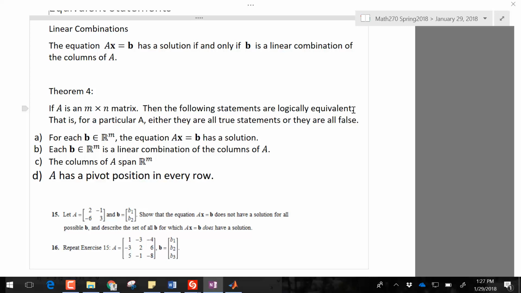The next one says the columns of A span Rm, this m-dimensional space. And then we have a pivot position in every row, which is to say that there's no free variables. Now that means it's consistent, that we have a solution.